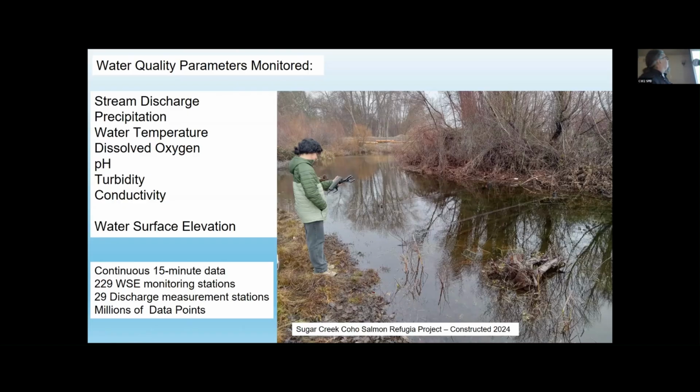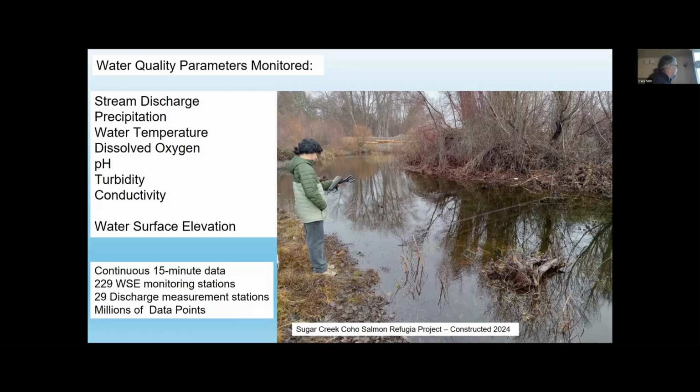So to just use this as an example of some of the more in-depth water quality that we're collecting includes temperature, dissolved oxygen, pH, turbidity, conductivity, and water surface elevation in these areas that we've created specifically to support juvenile coho salmon.